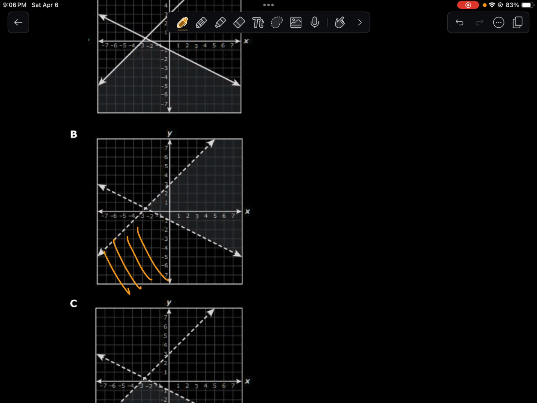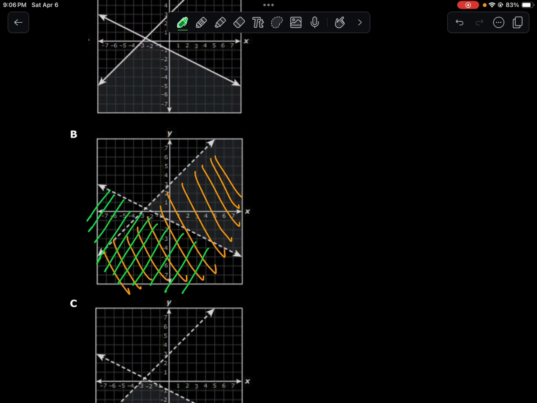If I shade this one below, I get this. That's not all. I need to shade the other one and then find the overlap. I shade this below, I get that. Where is the overlap? The overlap is here, and they have shaded this one, so that's not it.